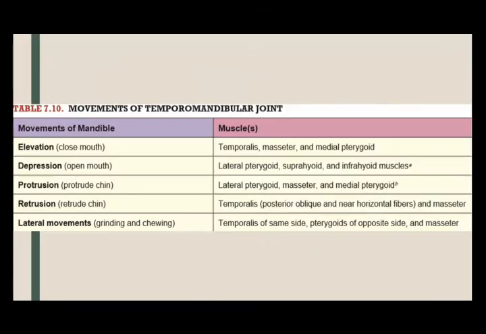And finally, the movements of the temporomandibular joint and the muscles that produce this movement. I think I've taken far too much time over it. Elevation, the closing of the mouth, is produced by temporalis major medial pterygoid. Depression, that is opening of the mouth, that is produced by the lateral pterygoid, the suprahyoid, and the infrahyoid muscles.